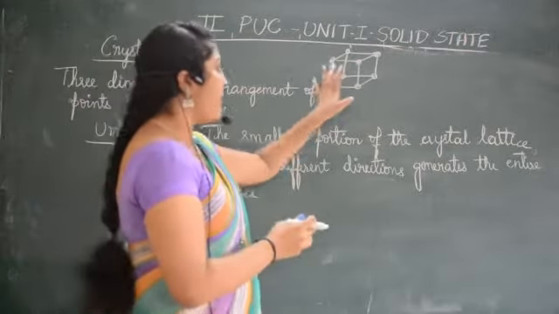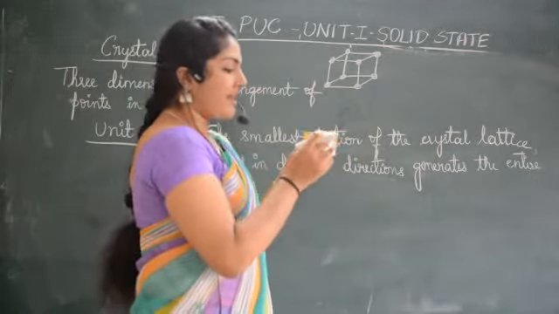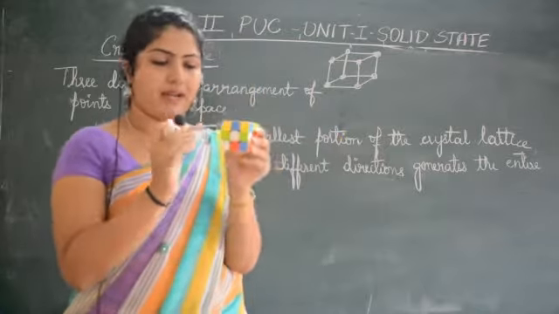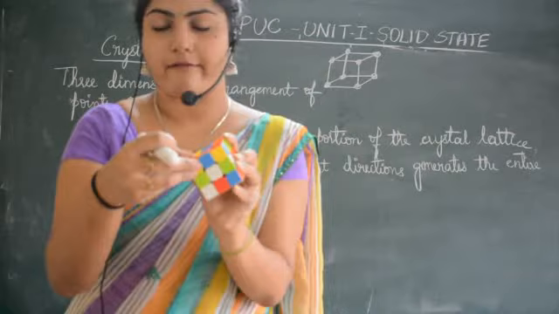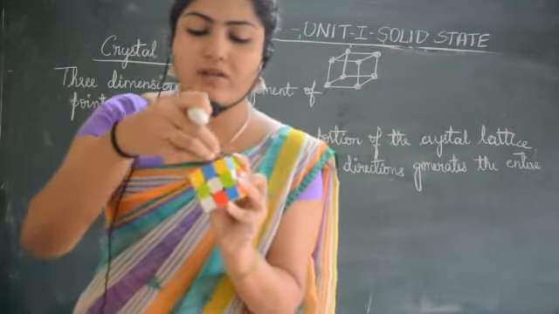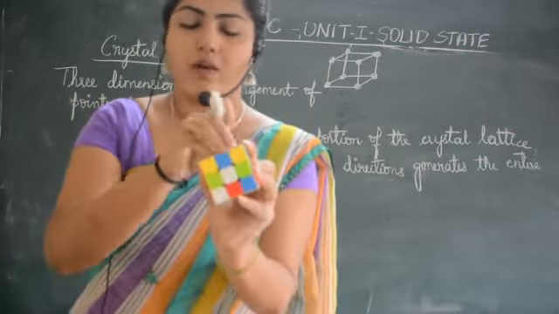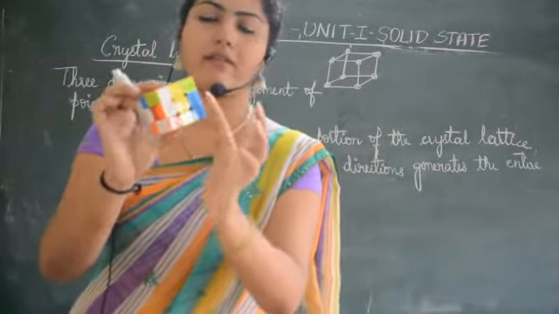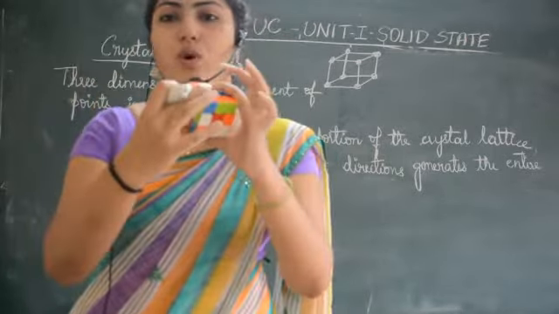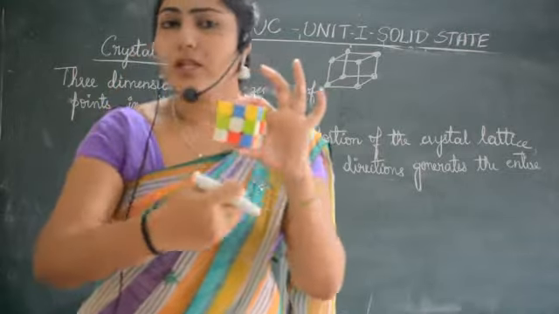See, you have one particular, say for example, you understand, right? This is one small cubic structure which you have. Now we are repeating this cubic structure in all the directions. When you repeat in all the directions, in all the given space, you get the entire crystal lattice.